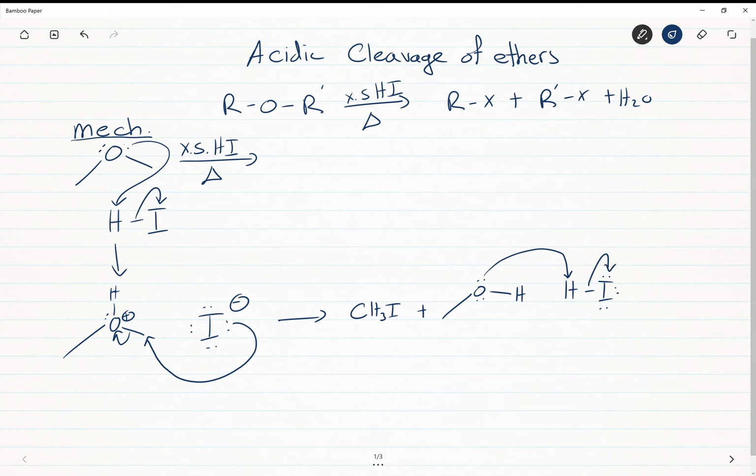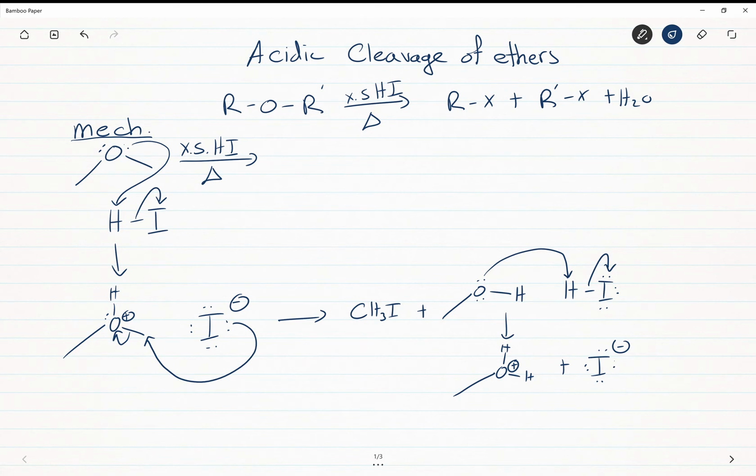Okay, so the HI protonates the oxygen on this now alcohol, and we will form a positive charge on this oxygen, and we have the I minus. Again, similar situation as before.